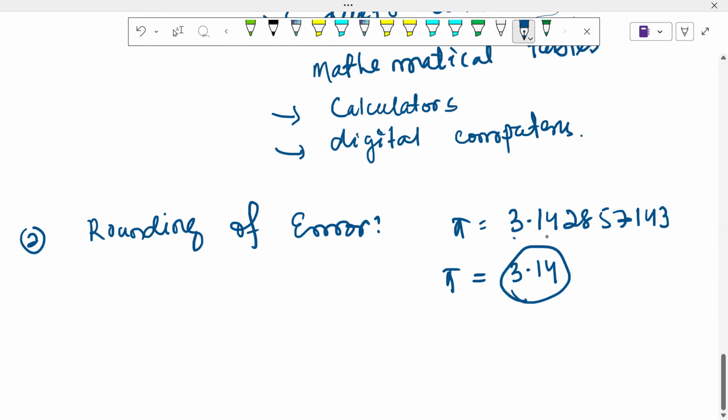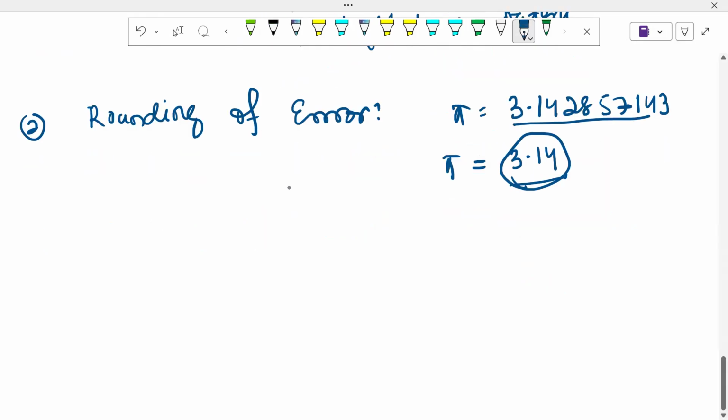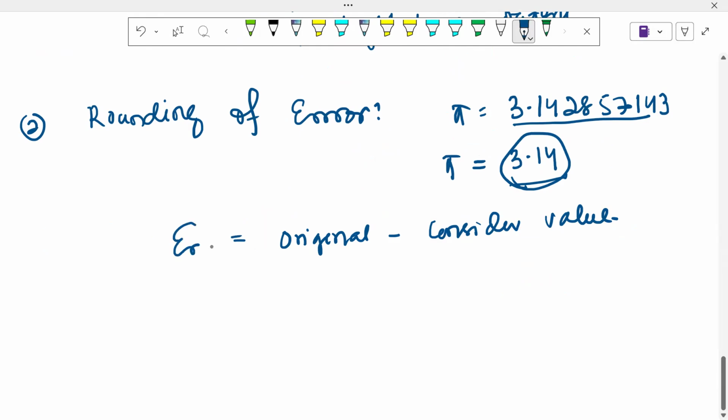The true value minus the considered value is called the round off error.